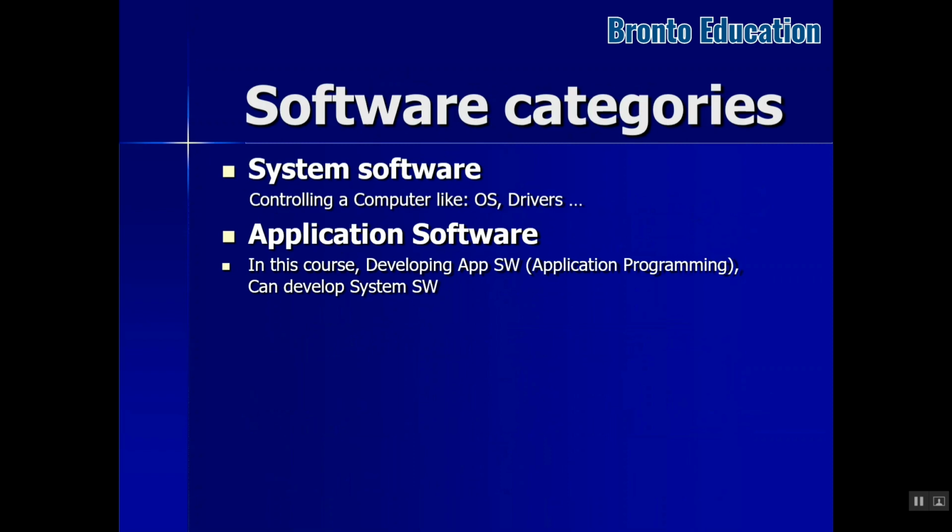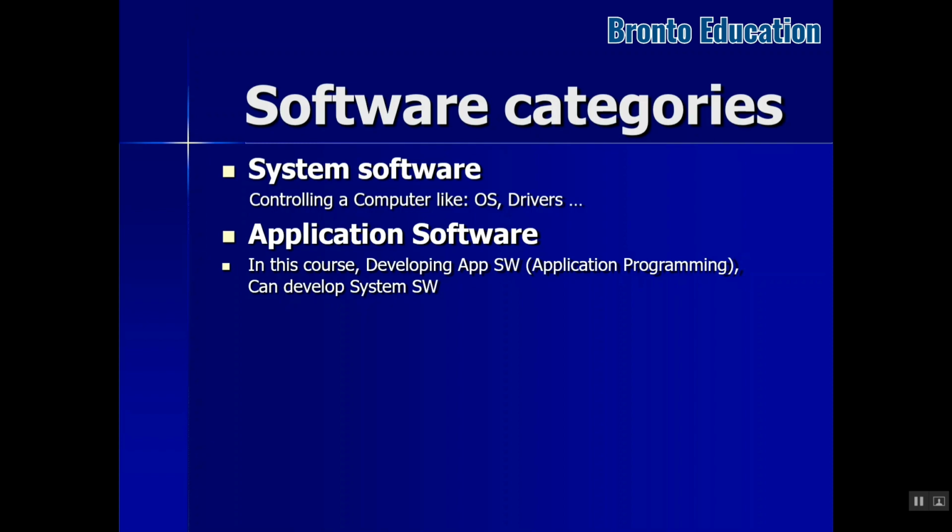So software categories, we have system software and we have application software. System software controls the computer, just like operating systems or drivers. Windows is an operating system, and Linux, Ubuntu, these things. These are system software, which provide an interaction between user and computer. And then application software, which we install after having an operating system.